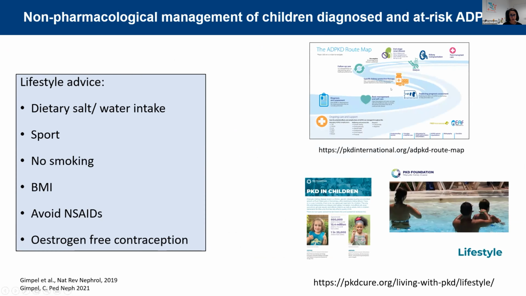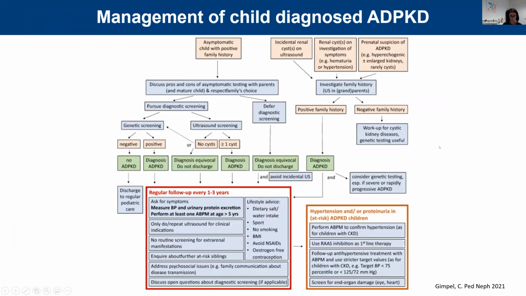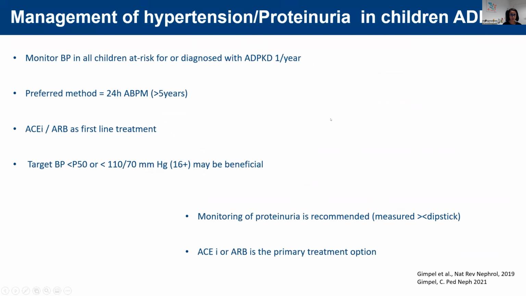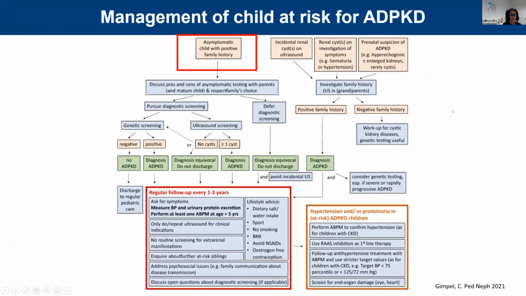This is very well described by PKD International in Europe, but also by the PKD Foundation in the USA. And we propose an algorithm where we try to differentiate the patients who are diagnosed or symptomatic with ADPKD, where we advise screening for hypertension and treating hypertension and proteinuria with ACE inhibition.